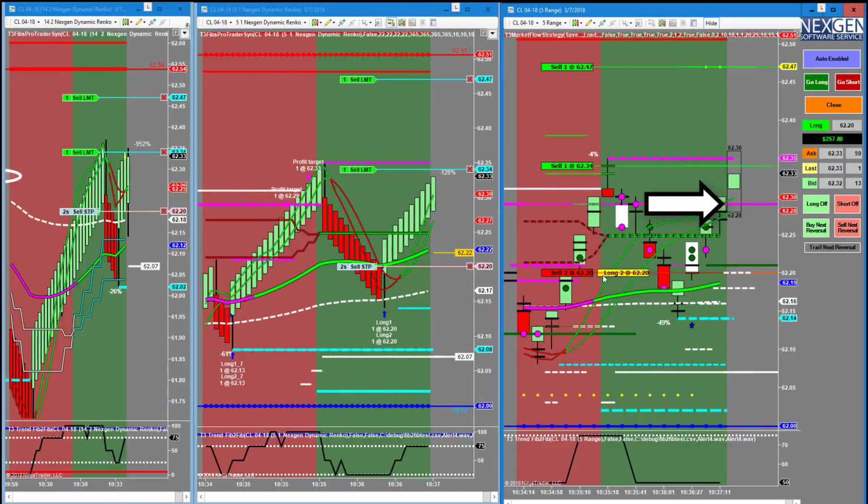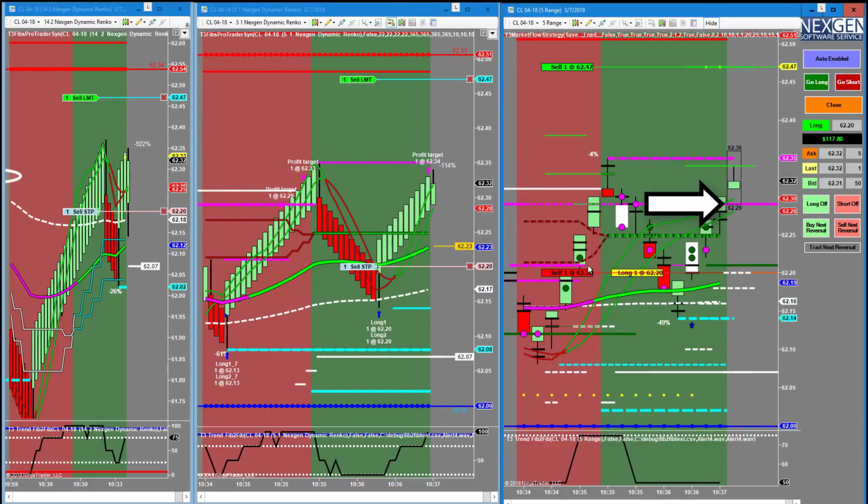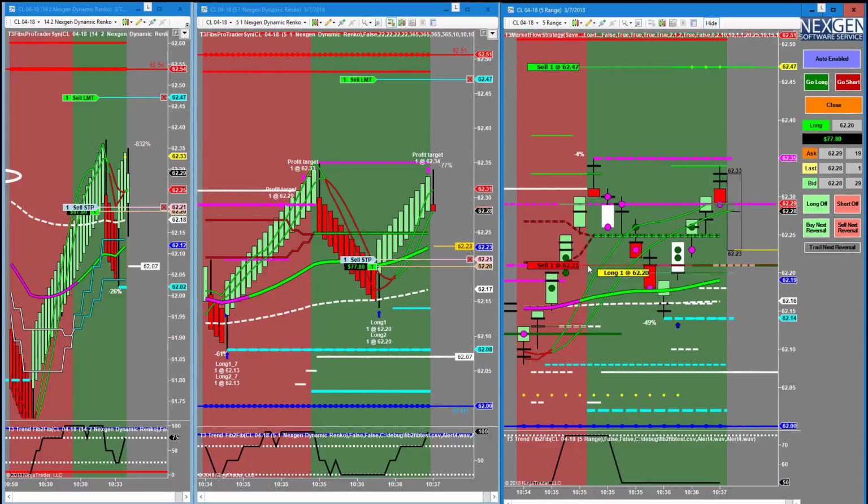So we've filled. We've got a super favorable big chart. We've got super favorable triggers on our range bar chart. Easily made the first profit target just below our prior support or resistance, prior pivot. Now we have to decide: do we want to stay in this thing and try to hang in there until we get up to resistance, or do we want to get out of our position?